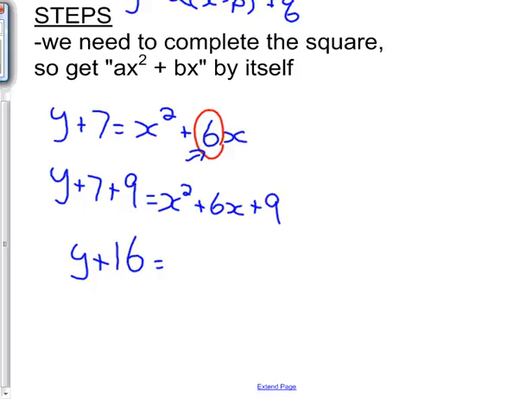We need to factor it. So, x plus 3 squared. We take our x, take our sign from here, then we take the square root of that, plus 3 squared. And then all we have to do is move that 16 out of the way so it's y equals.